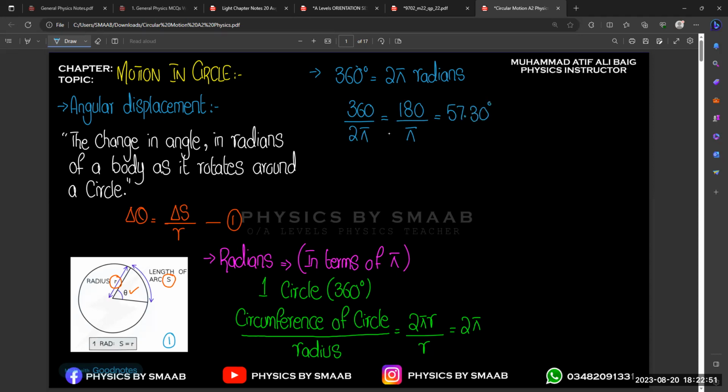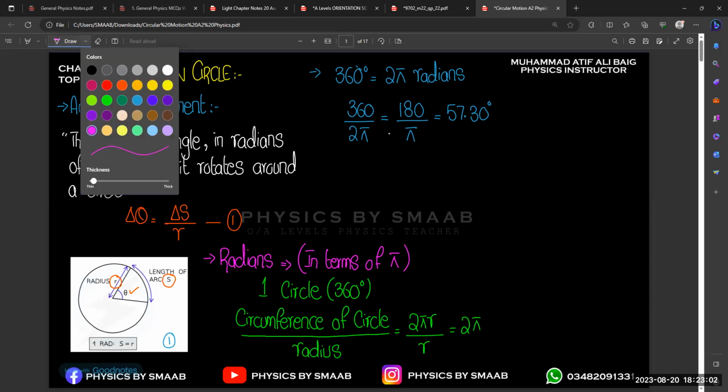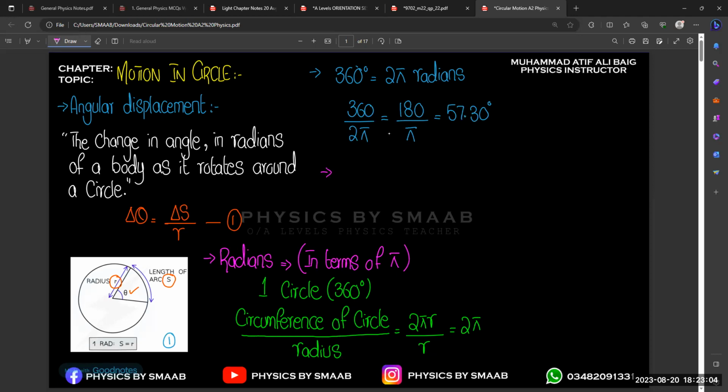Okay, clear? Any confusion? No. Okay. And let's suppose if you need to convert degrees into radian, so we need to use a formula like that.